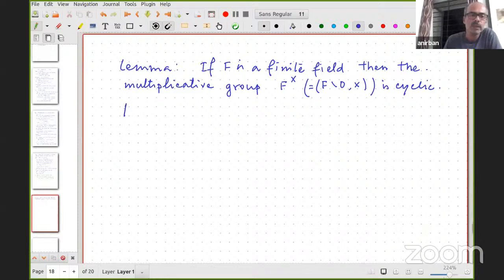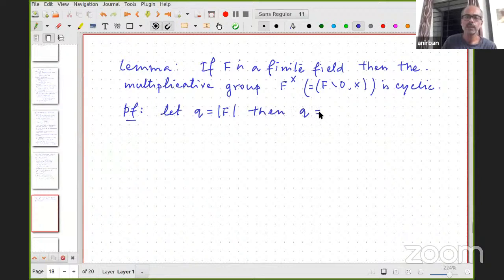So let's prove that. Of course, for Z_p we know that, but in general it is true. So let q be the order of the field, then q is p to the n.